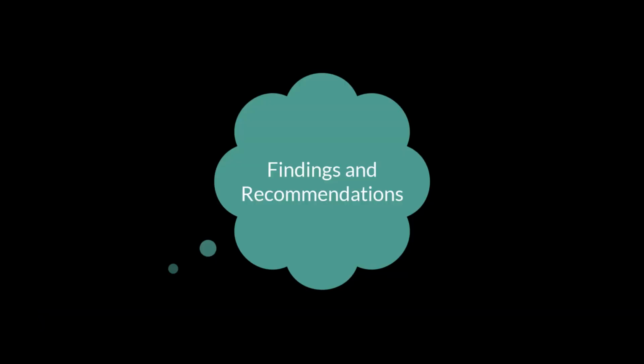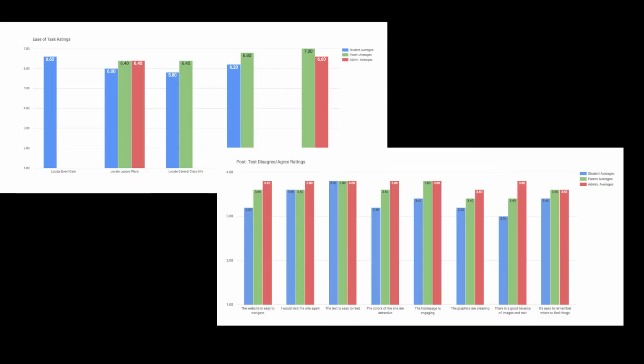So now that we've looked at the data and there are definitely some things that stick out, let's talk about how we can improve the website based on those results of the user tests. Student ratings on both the task analysis and post-test survey were lower than those of parents and administrators.